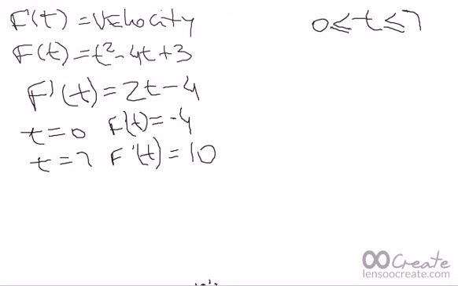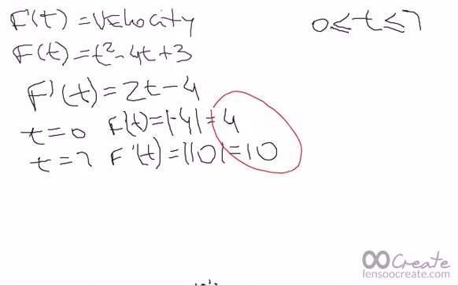Because it's speed, it has to be an absolute number. So the absolute value of minus 4 is going to equal 4, and the absolute value of 10 is going to equal 10. So those are our two answers for the speed.